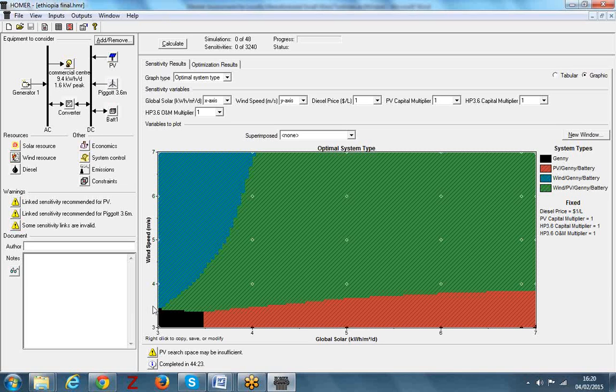What we used when I did a master's was Homer to have a first approximation to the optimal system, like trying to optimize one particular system in one particular site. But then if you have hourly data for both resource and consumption, once you have an approximate system, you move from Homer to Hybrid 2, and you can do more modeling to come to the perfect system in terms of how many batteries, what size of battery, how many PVs, or more parameters of a specific design of the system.